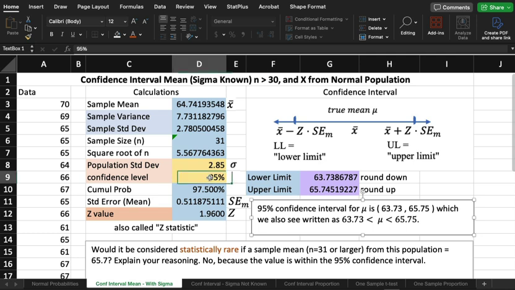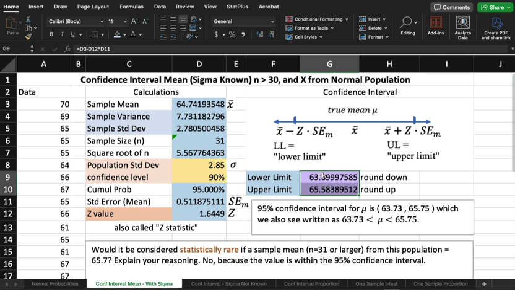If we wanted to make the confidence level so that we didn't have 2.5% on each tail, suppose we want 5% on each tail, then we would have a 90% confidence interval. If it's a 90% confidence interval, we can shrink the interval slightly.